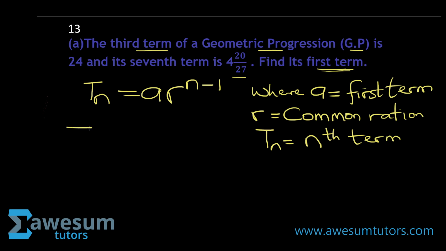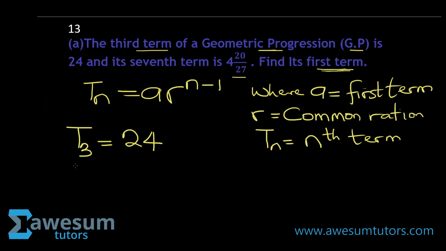So I'm going to have the third term is T3 equals, they said the third term of the progression is 24. So T3 equals 24. Very good. I will stop here first and then I will use this to form an equation first.